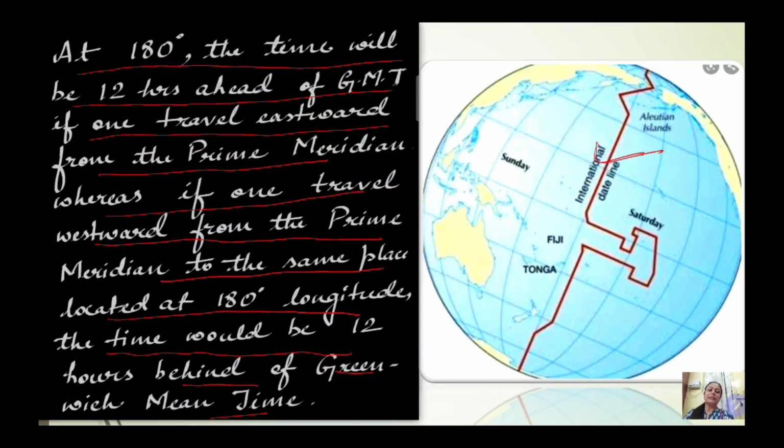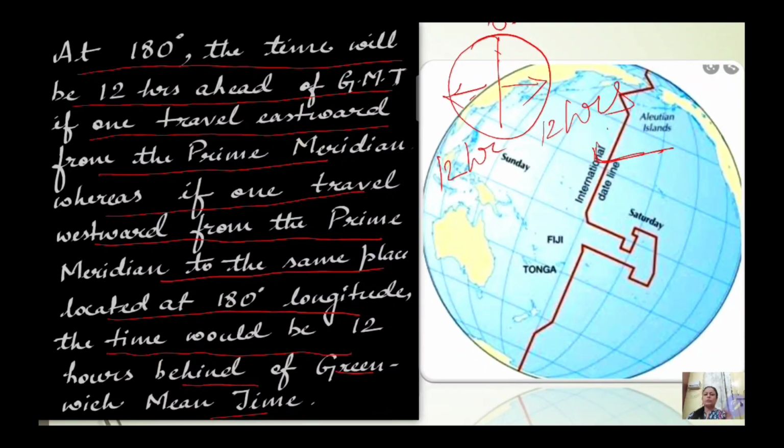Suppose this is 0 degree. If a person travels eastward and reaches 180 longitude, the time will be 12 hours ahead, and if one travels westward, the time will be 12 hours behind. This is how the time will vary by 12 hours.